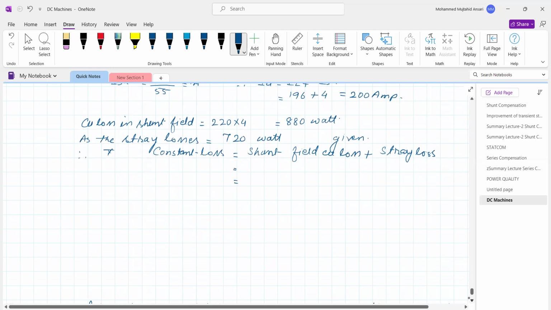It is 880 plus 720. So the total becomes 1,600 watt. So this is the constant loss. We can write it as WC, the constant loss. Okay, it is a constant loss.